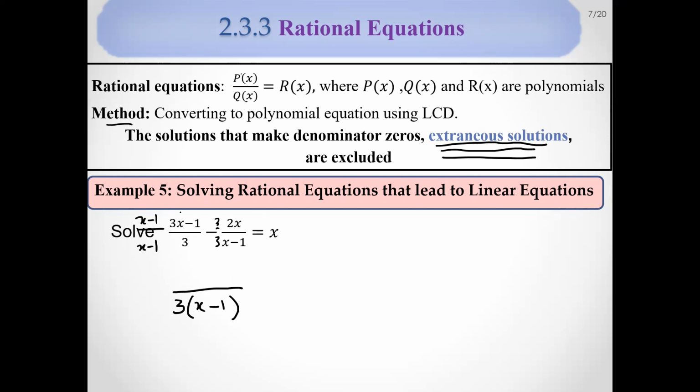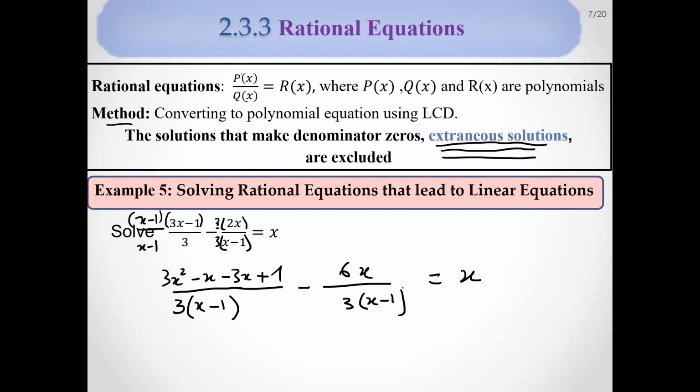We get, so we expand x times x, 3x squared, x minus 3x plus 1. This is the first. The second is 6x over 3x minus 1. Here, no need to expand. Equals x.